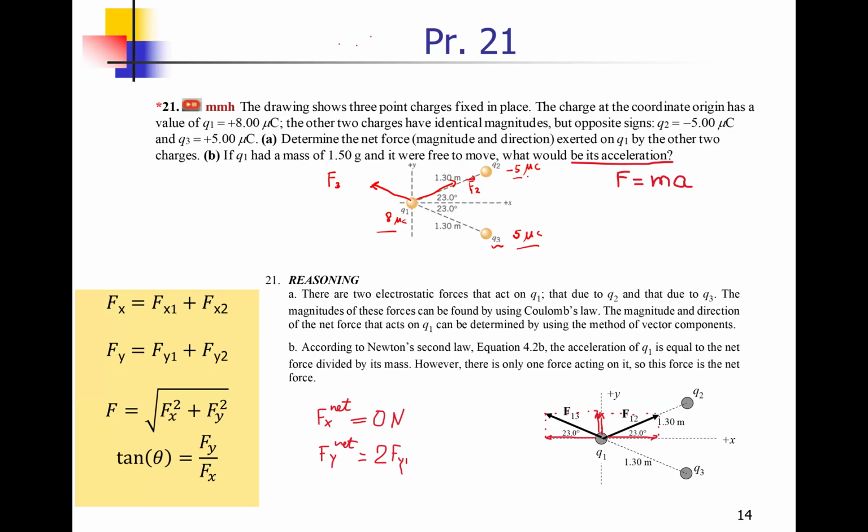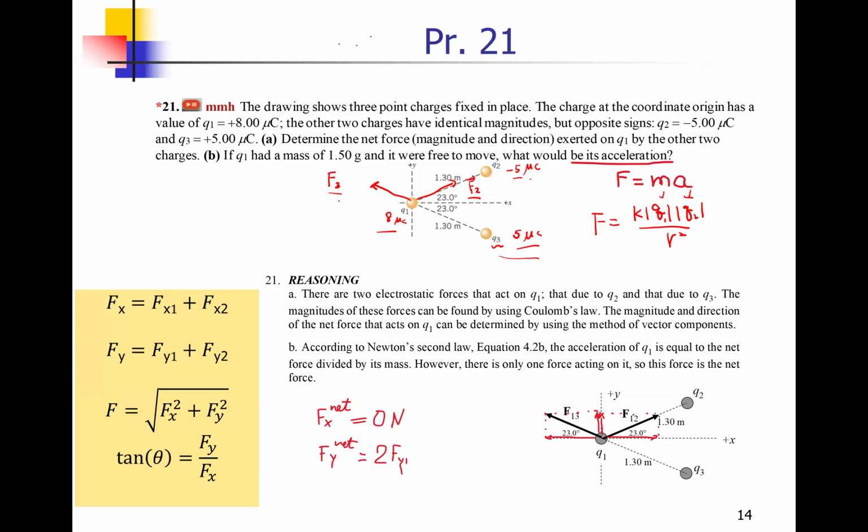Since they have the same charge magnitude, F3 and F2 should also have the same magnitude, because F is equal to K times the absolute value of Q1, times the absolute value of Q2, over R squared. Although those Q's have opposite signs, they have the same magnitude.